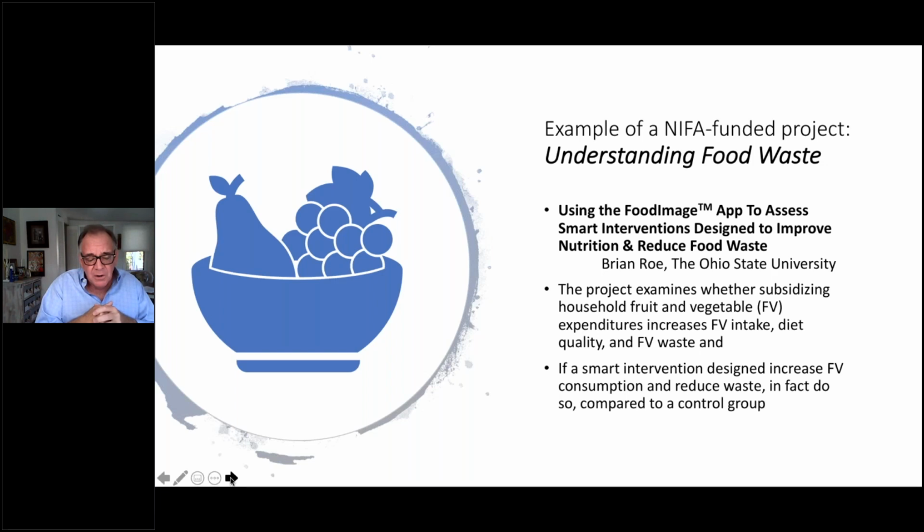Brian Roe at Ohio State has a project looking at understanding food waste. He's got a project called Using a Food Image App to Assess Smart Interventions Designed to Improve Nutrition and Reduce Food Waste. This app essentially takes photographs of a plate of food that a household will have through the course of the day.